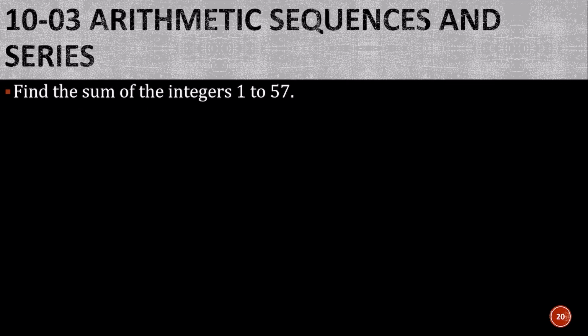So let's find the sum of the integers from 1 to 57. So it'd be 1 plus 2 plus 3 plus 4 plus 5 up to 57. Well, it looks like d would be 1, a_1 is 1, and a_n is 57. Oh, but wait, how many numbers are there? There happen to be 57 numbers, so n is also 57.